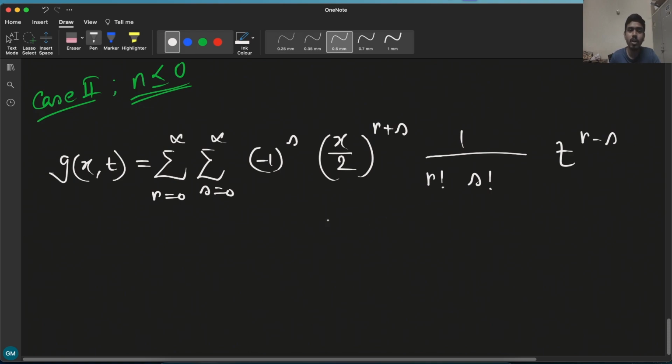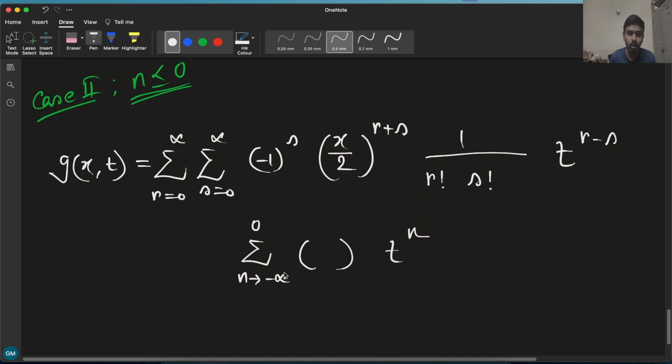and again we want to write this generating function as a sum over n, let's say n going from minus infinity to 0, of some coefficient times t to the power n. This is how we want to write it.